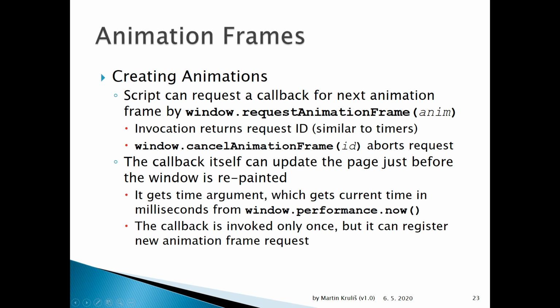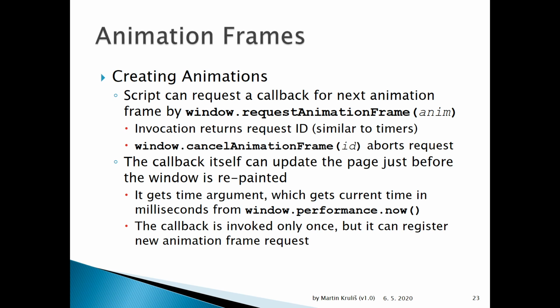This function returns an ID, and if we want to cancel the request, we can use a cancellation routine with the ID previously yielded from the request animation frame function. This function requests the callback to be called just once, so this callback needs to be re-registered repetitively if we want to do a repetitive animation.